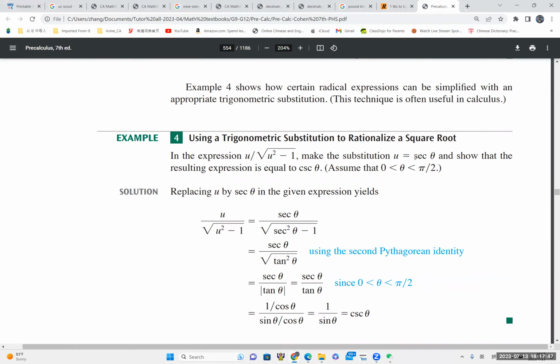If we use u to substitute, use secant theta to replace u, then we have this. Use some rule from trigonometry, we can simplify it as this.